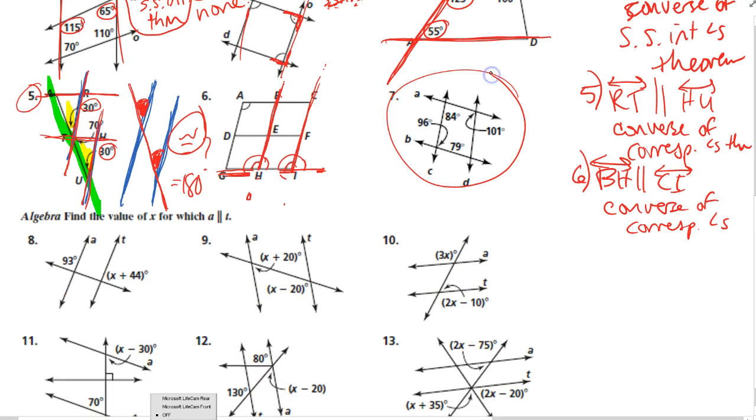Number 7. Looks like we've got a bunch of interior angles here, and I see angle measurements, so I'm either looking for the same number or I'm looking for 2 numbers to add up to 180. So how about this? By the way, the 79 goes to this angle here, and look, 101 goes to this angle here, so 101 plus 79, that equals 180.